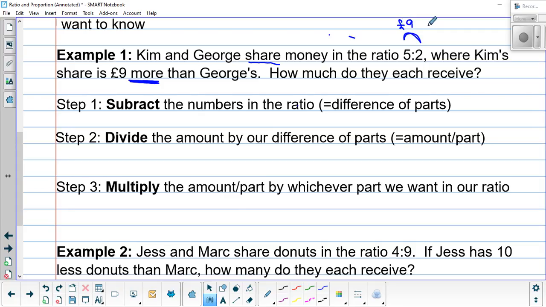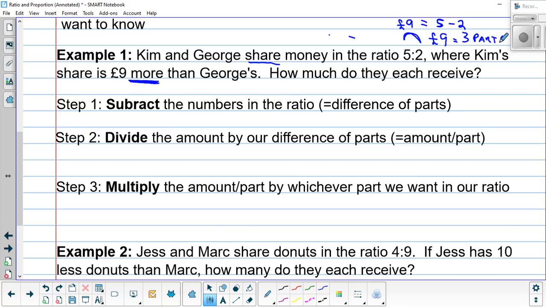So that stands to reason that 9 pounds is equal to 5 minus 2. Sorry, that should be an equal sign. That 9 pounds is 5 minus 2, so that 9 pounds is equal to 3 parts. Okay? So that's kind of the starting point.